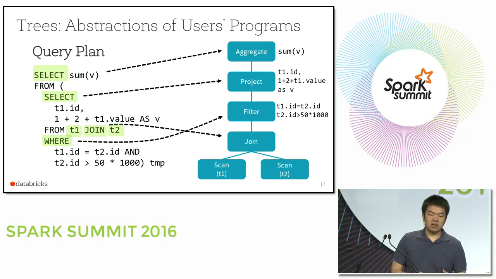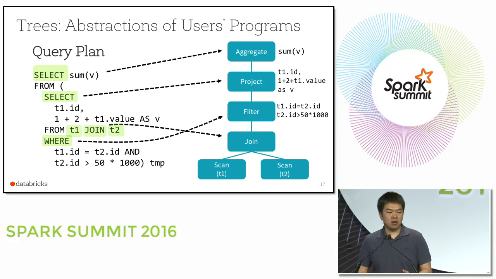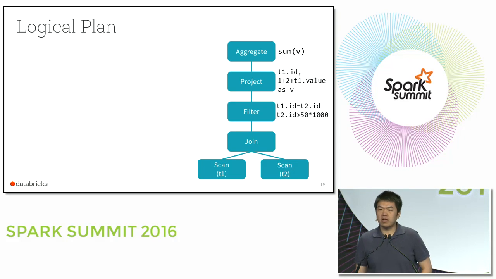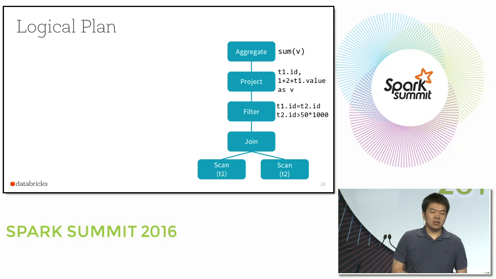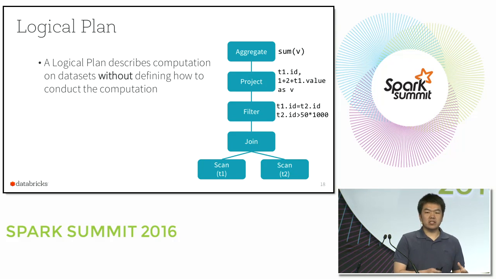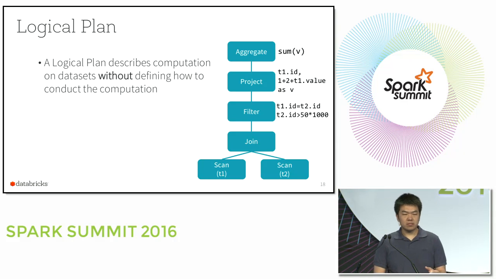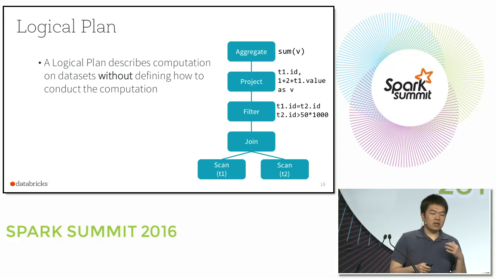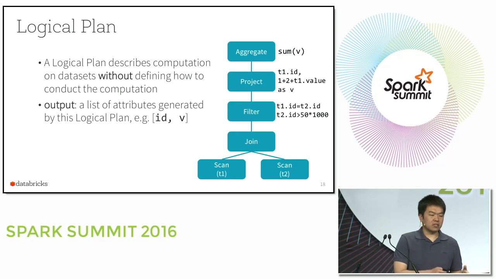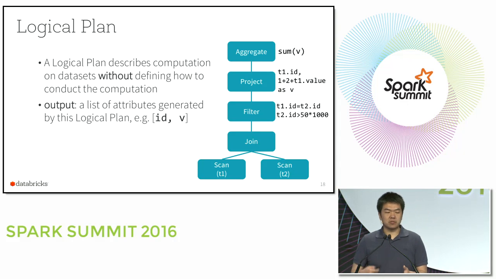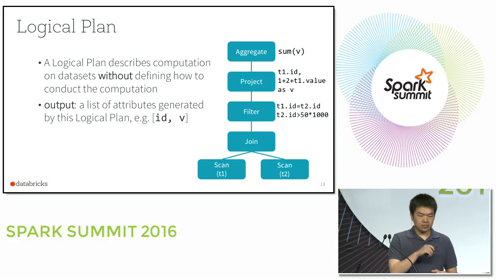And in Catalyst, there are 2 kinds of query plans. The first kind is a logical plan. The logical plan describes computation on data sets without defining how to conduct the computation. Every logical plan has a list of output, which are represented by attributes. For example, in this case, ID and V are 2 attributes representing output.